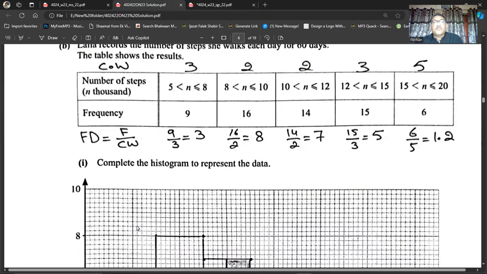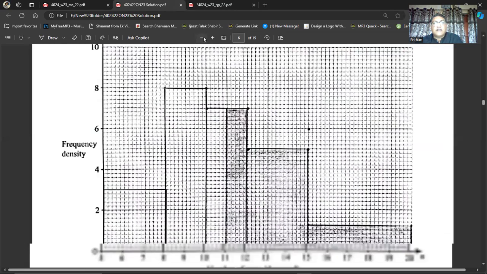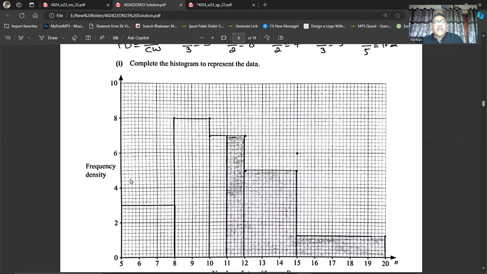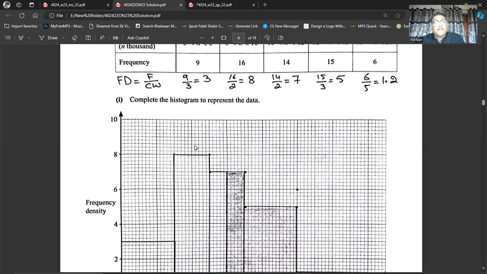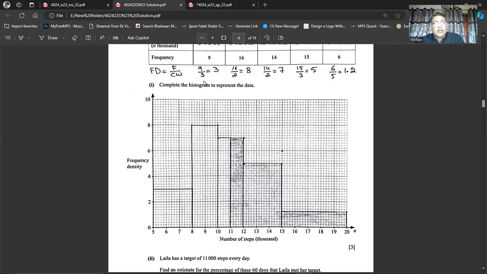So now I am going to represent this. Here you can see I'm going to represent this, 5 to 8 is already done. So 8 to 10, your frequency density is how much?